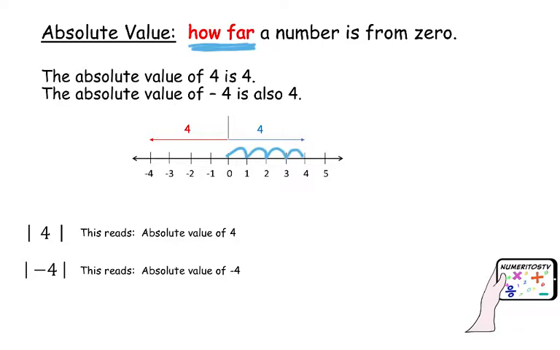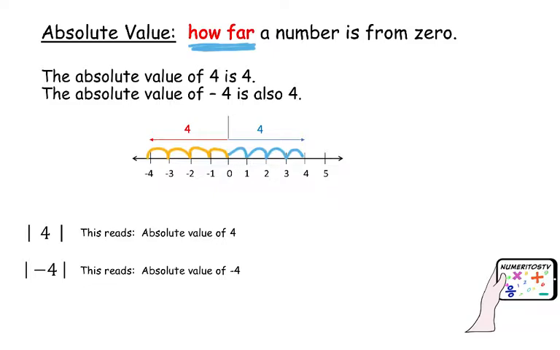But the absolute value of -4 is also 4 because -4 is also 4 units away from 0. If they ask you for absolute value, they are asking you for distance, magnitude, how far. So your answer will never be negative.